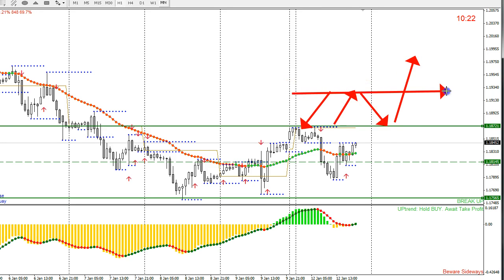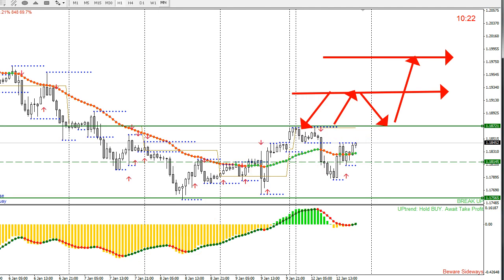So here we'll be looking at 50 pip, here 50 pip, and of course the first part will be 50 pip. The most conservative way of doing this is to wait for the break and a retracement down without breaking the previous level of resistance, which is now support, and a curve back up to hit that 100 pip.